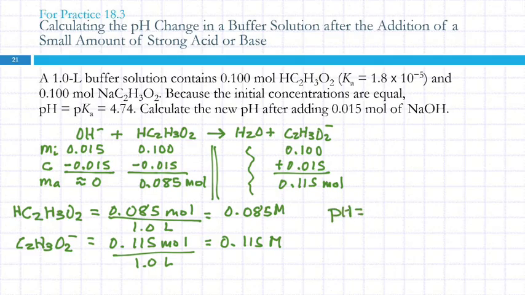So pH equals pKa plus log of base over acid.